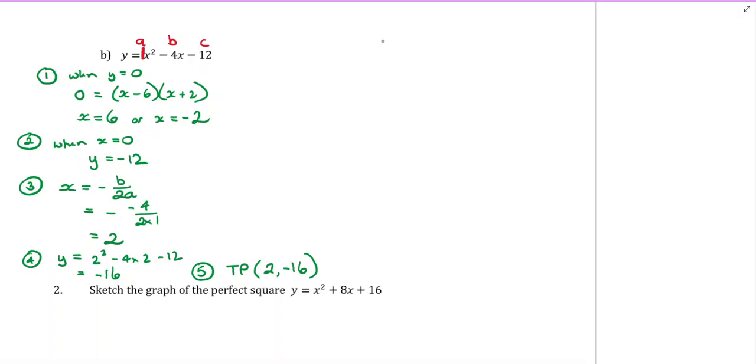Putting that on a graph. Going through our steps 1 to 5 again to put it all on the graph that we're drawing here. So my x-intercepts are at negative 2 and a positive 6. So make sure you label those numbers, negative 2 and 6.